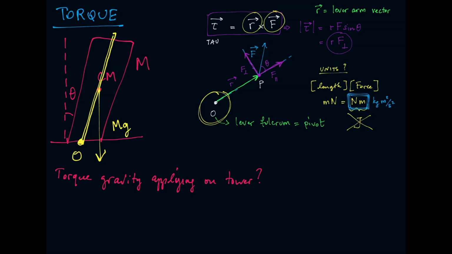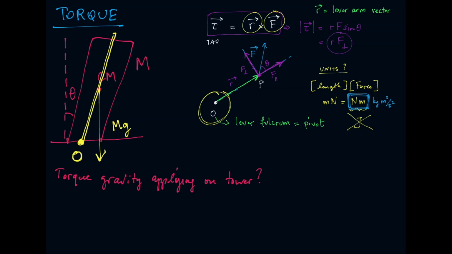So whenever anybody asks you, what is the torque, blah, blah, blah, they need to tell you of which force, the torque of this force, the force of gravity, and about what point. And this is fundamental. Simply because calculating the torque about different points would give you different results, and it would have a different physical meaning.